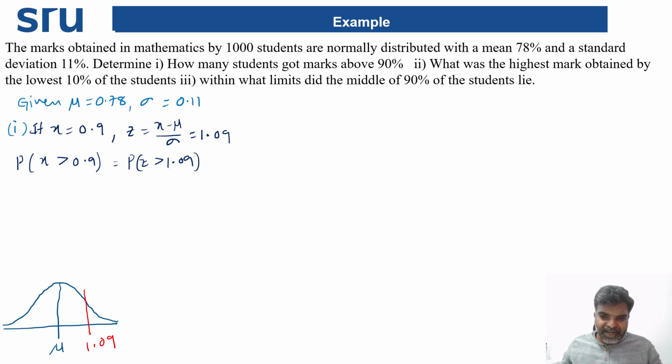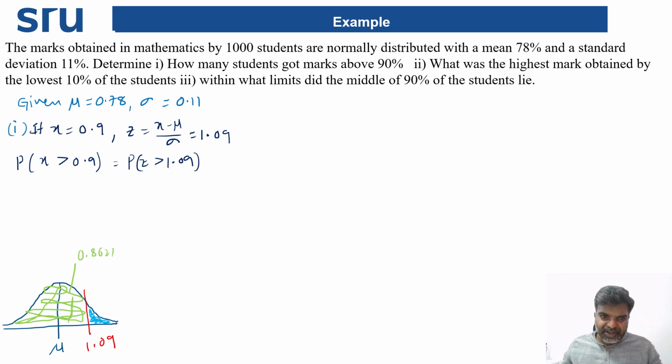Okay, greater value means this one. See, z greater than 1.09. We need this blue color area, but the table always gives the left side area. From the table, what we will get? This area. So by seeing the table we can find this area as 0.8621.